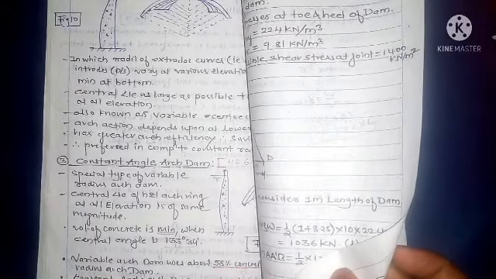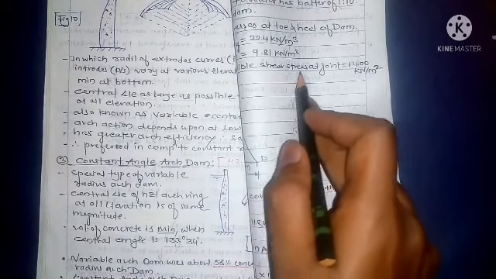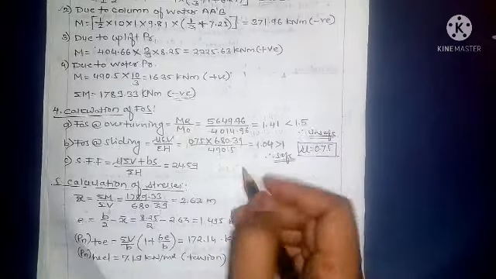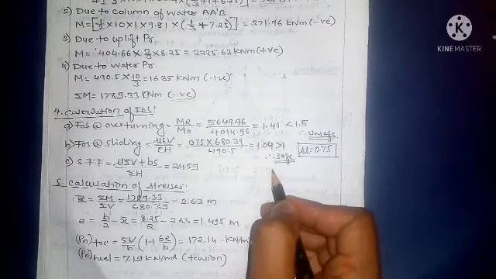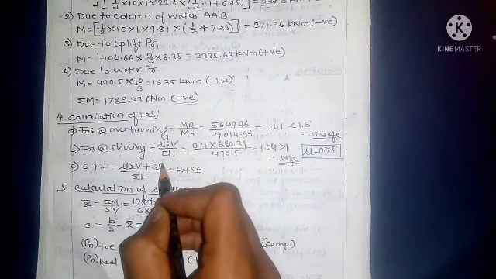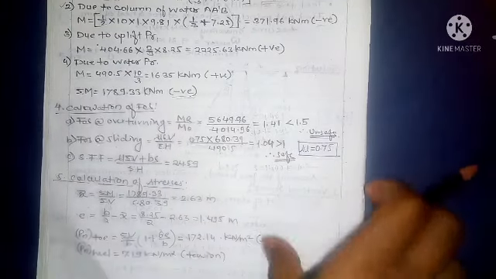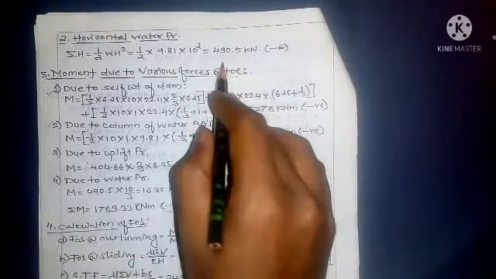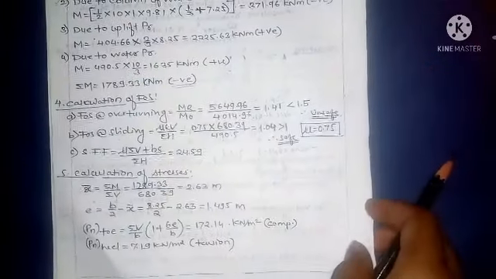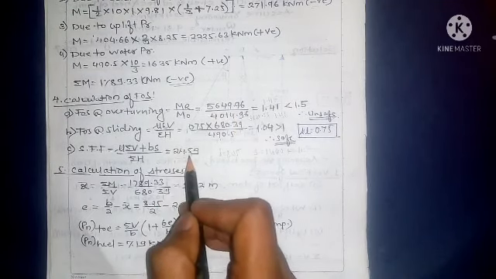This is shear stress at the joint, 1400 kilonewton per meter square. So put here S value 1400 kilonewton per meter square, and summation of H we calculated earlier, that is 490.5 kilonewton. So by putting the values we get 24.59.